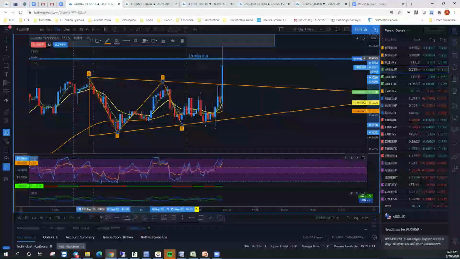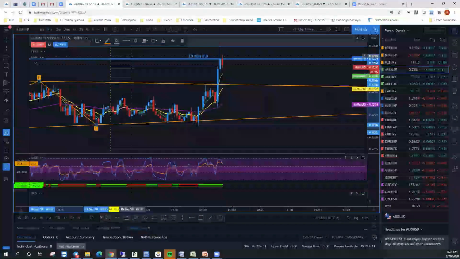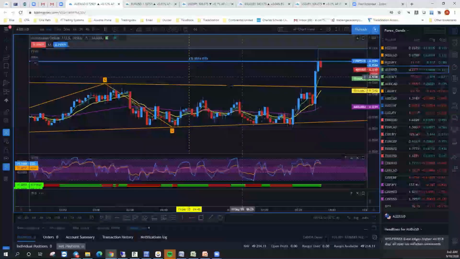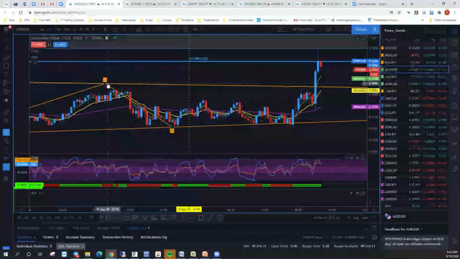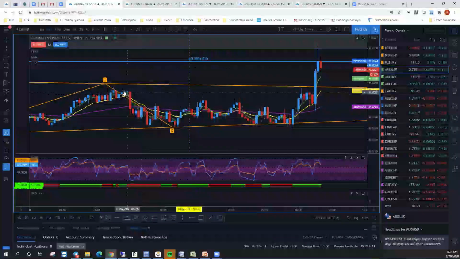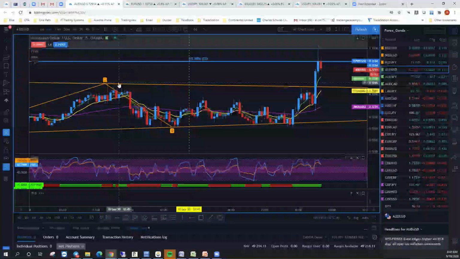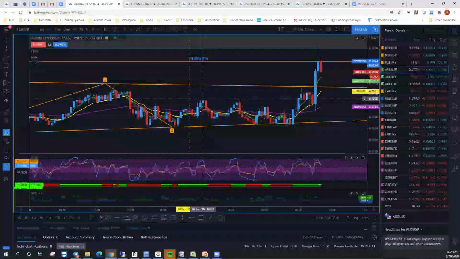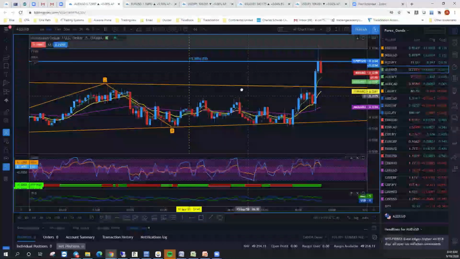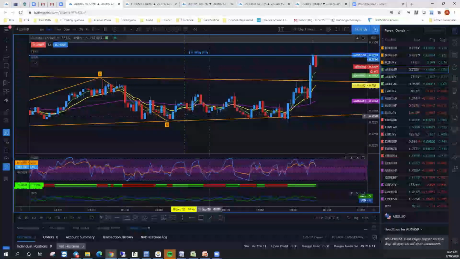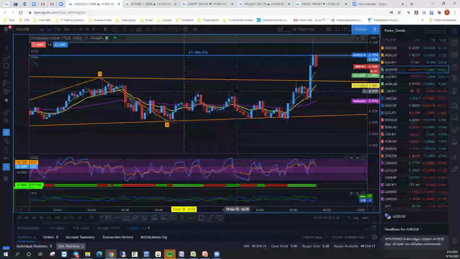Let's put this on a 5 minute. I was looking at this line up here, but then I drew the secondary wedge from the C to this one. I think I did get in up here, and then I got out when it came down here, and it took me back up again.